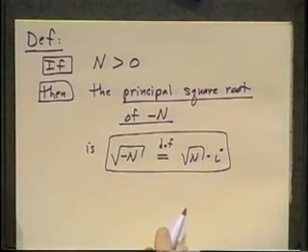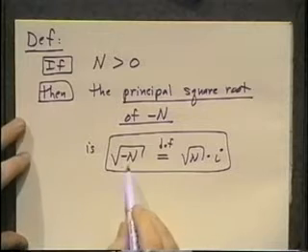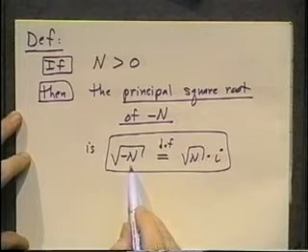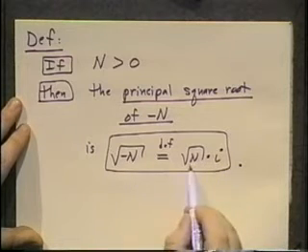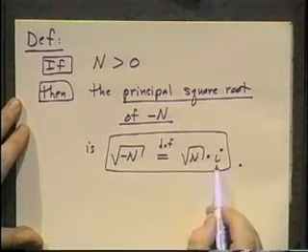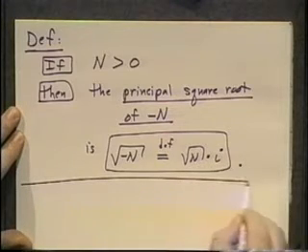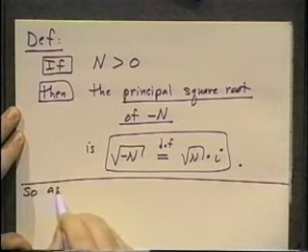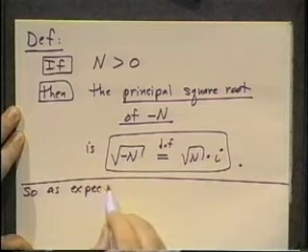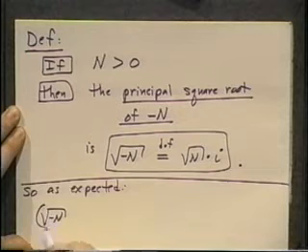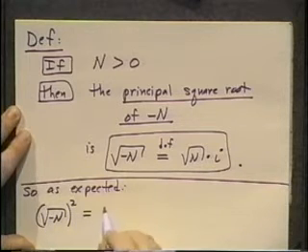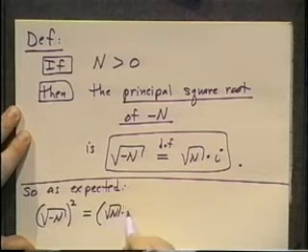Now we needed a definition like this because you cannot take the square root of negative numbers in the real numbers. It is defined now in the complex numbers to be the square root of the positive part times i. So as expected, this gives us the right kind of answer when we square it. If we take the square root of minus n and square it, now by definition that was the square root of n times i.